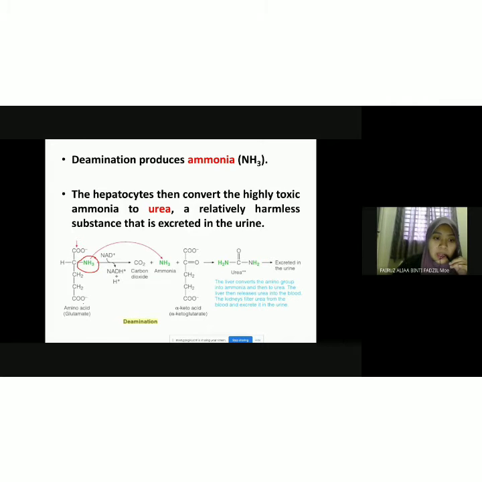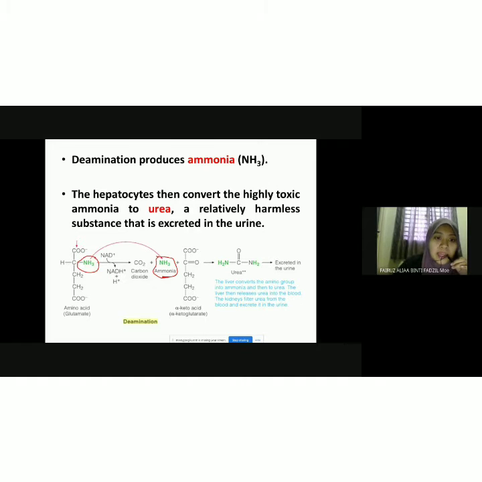In this structure it is already combined with hydrogen, so it is ammonia NH3. But in some pictures it is only drawn as NH2. So ammonia is considered the byproduct of the process of deamination.